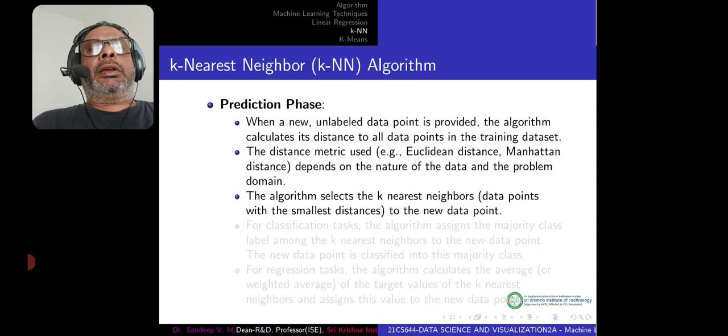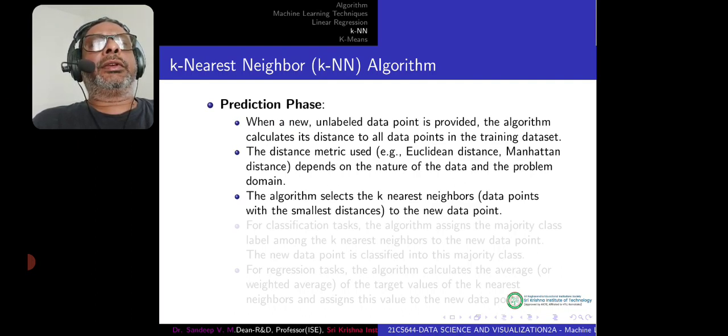Then the algorithm selects the k nearest neighbors, that is, the data points with the smallest distances to the new data point. So in this case, when a new point was given, from that point to all the known data, we computed the distance, and then we arranged these distances in ascending order, and the top k values are considered.